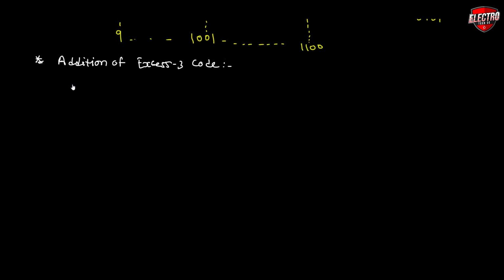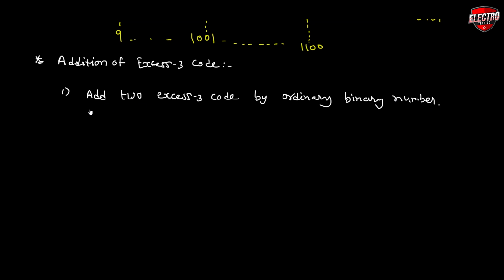Now to perform Excess-3 addition, the first step is to add two Excess-3 numbers using the ordinary binary addition method.